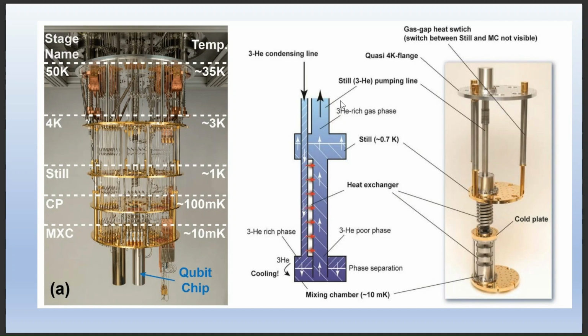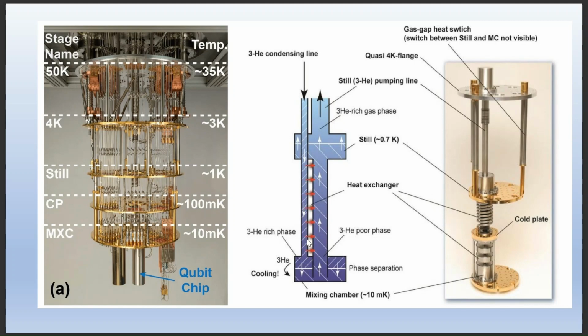When the helium-3 and helium-4 come down the condensing line, there are several heat exchangers between the plates. They cool the mixture of helium down to the millikelvin range. This is called the heat exchanger, and it is also mentioned in this photo.